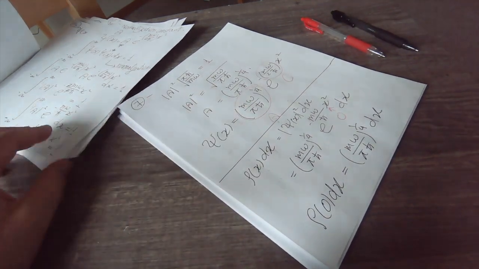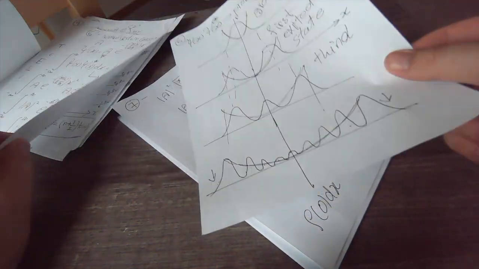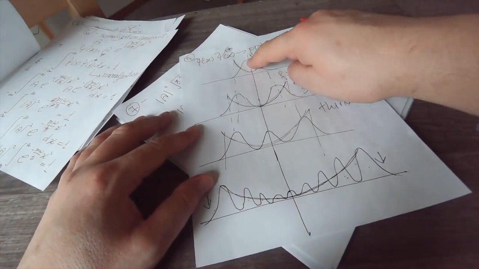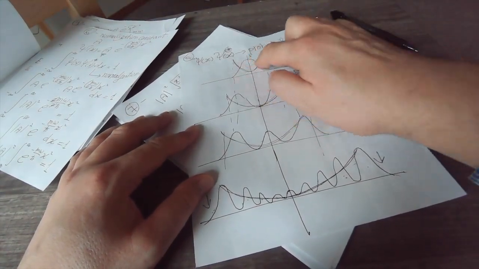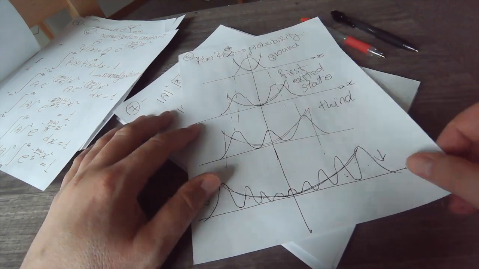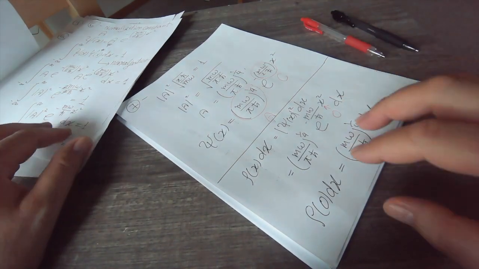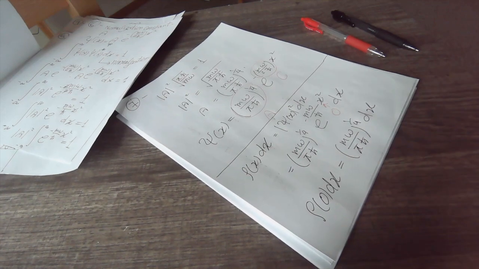So actually this is the probability density, guys, for the ground state. What I figured out here is the probability density. So this is for the ground state.